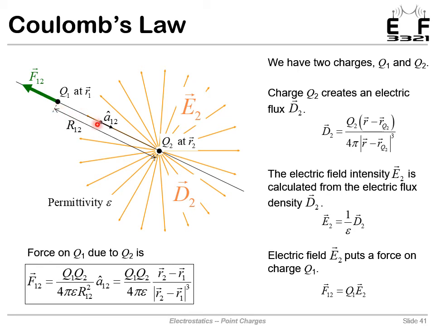So we look at the distance between those charges. We'll write that as R12. We can also define a unit vector that's pointing from the first charge to the second charge. And if we plug in all of this stuff, here's our final equation for that force. It has the product of the two charges divided by 4 pi epsilon r.